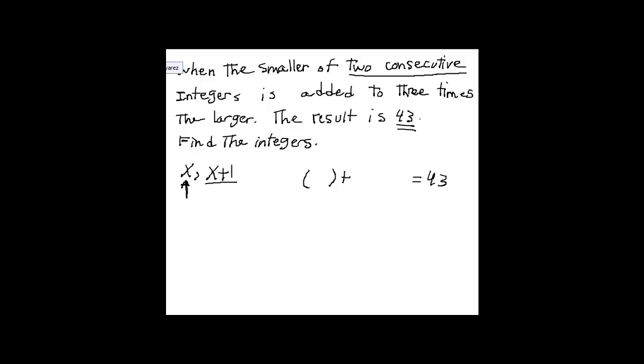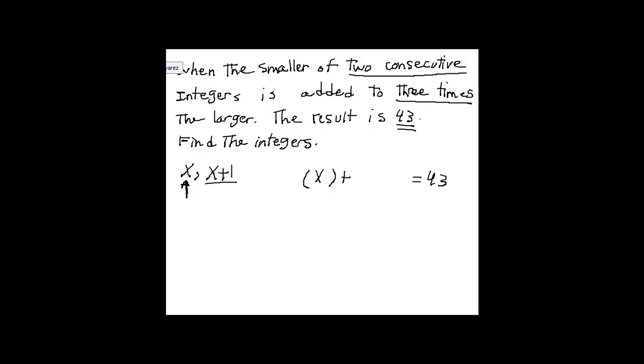But what happened to this 3 times then? It says when the smaller of two consecutive integers, the smaller one is x, is added to... it doesn't say added to the next integer, it says added to 3 times the larger one.